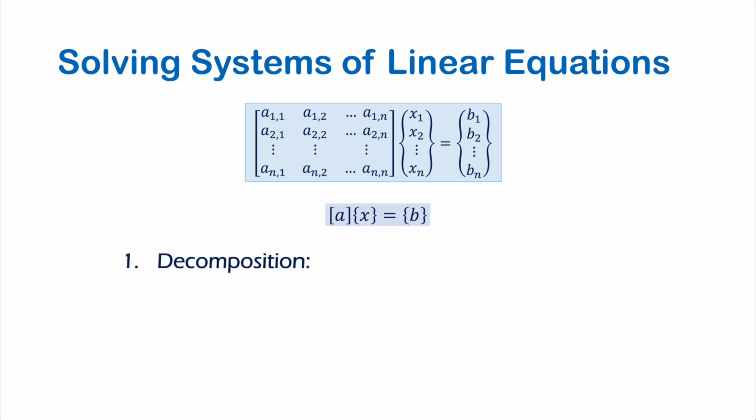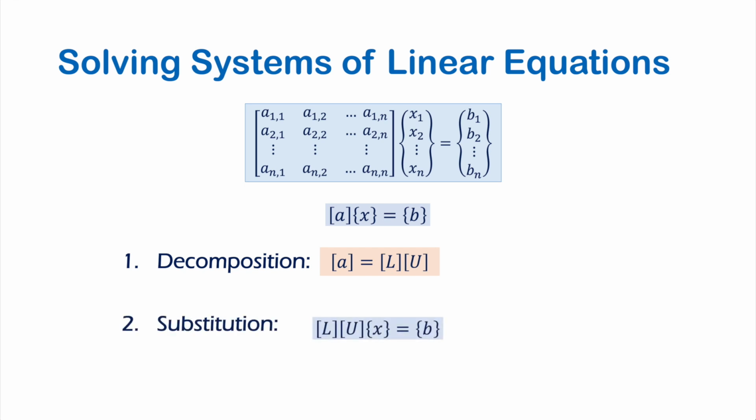The first is the decomposition of a matrix of the coefficients to upper and lower triangular matrices. Then we can substitute them in the system as shown here. So we have the lower matrix and the upper matrix in addition to the vector of the unknowns x and the constant terms vector b.